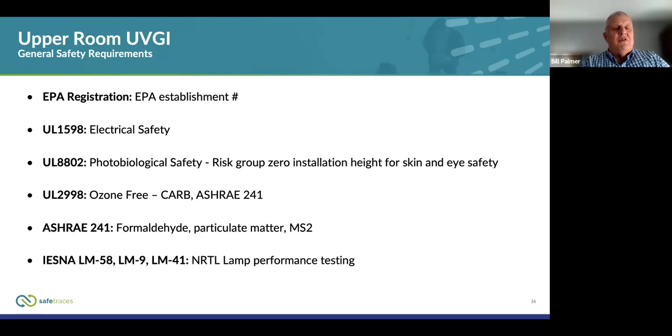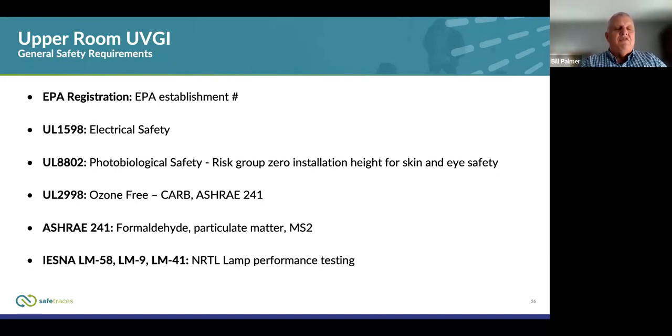And as Bill mentioned, 241 also recommends testing for the chemistry that could be created with regard to formaldehyde and particulate matter. And we usually would test these devices also against MS2, which is used as a surrogate for other infectious aerosols, to show the effectiveness of the UV lights against infectious aerosols.